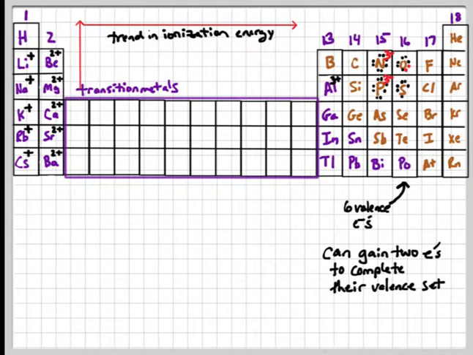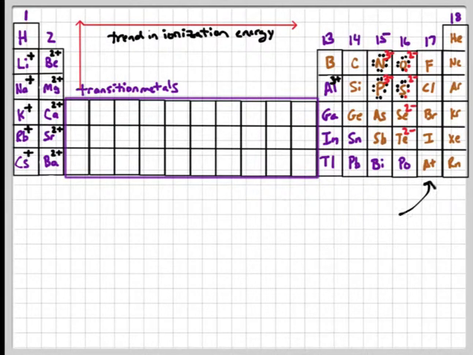When I add those 2 electrons in here, up in the periodic table I'm showing the 2 extra electrons, now that becomes, from oxygen, oxide with a 2- charge. And then sulfur, gaining 2 electrons, becomes sulfide with a 2- charge. And of course that continues for the other elements in that family.